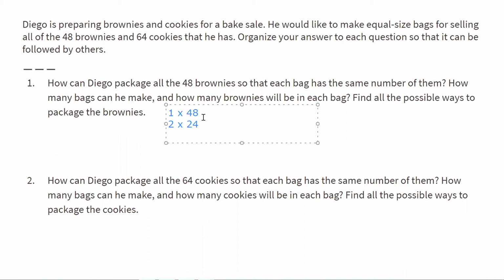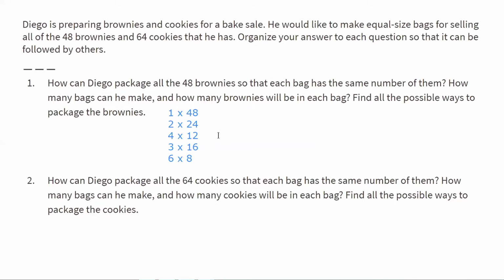I believe 3 and definitely 4 times 12. And then 3 times 16. And then 6 times 8. So wow, that's a lot of factors for 48.